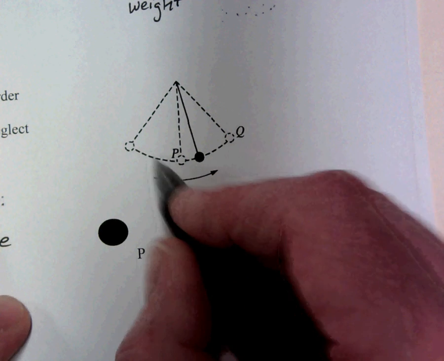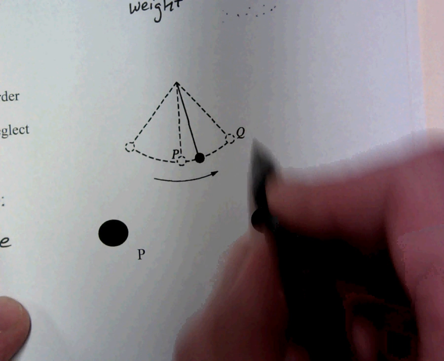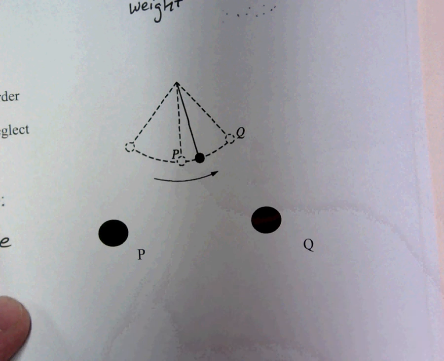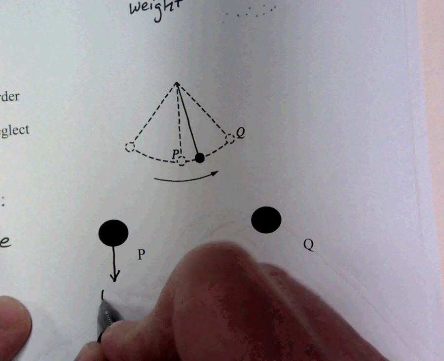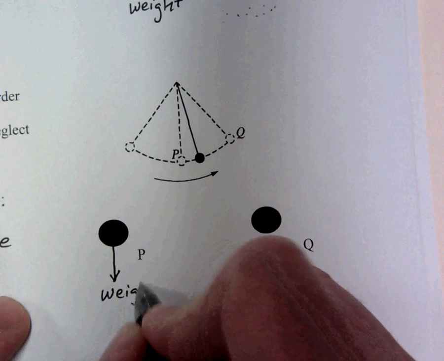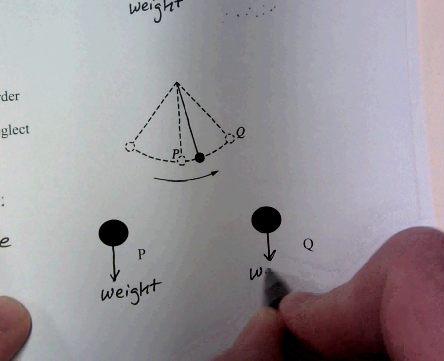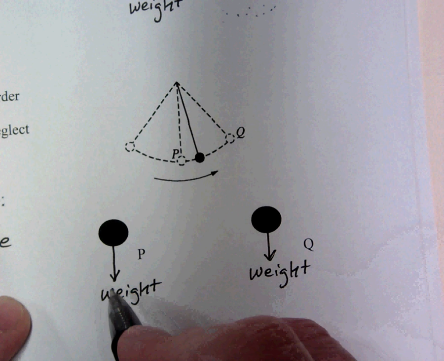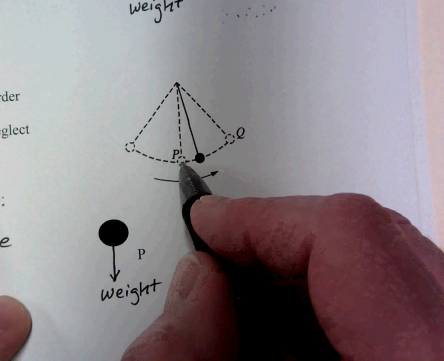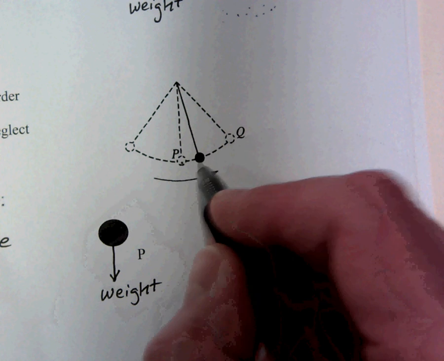I've got a little pendulum right here. I want to know what it is at Q and P. Remember, weight is always down. Now at P, we're not on a surface, not even implied.